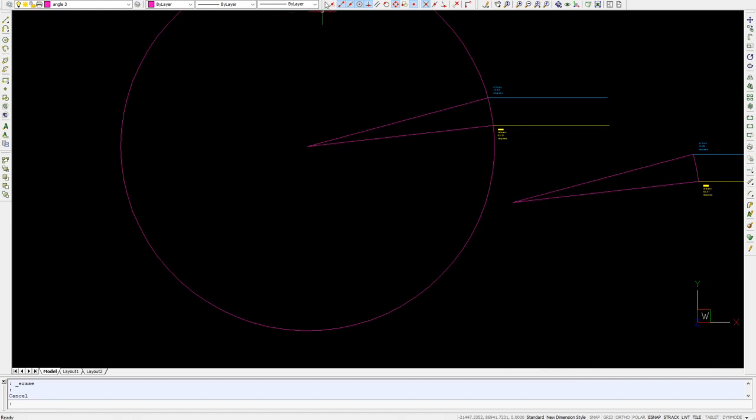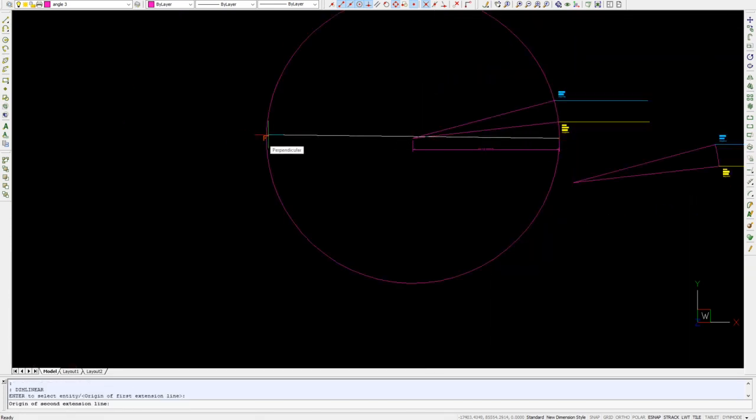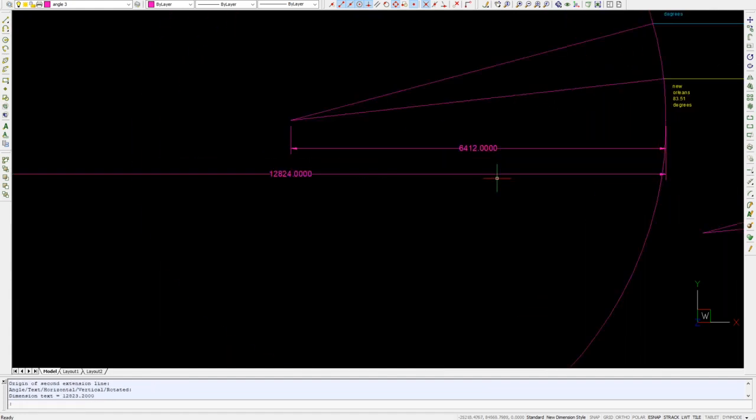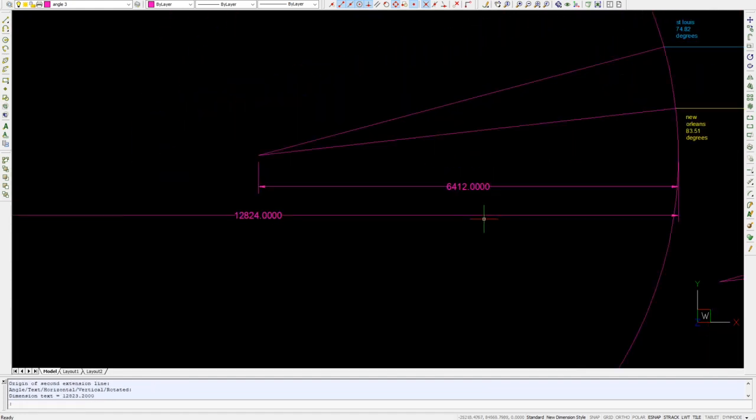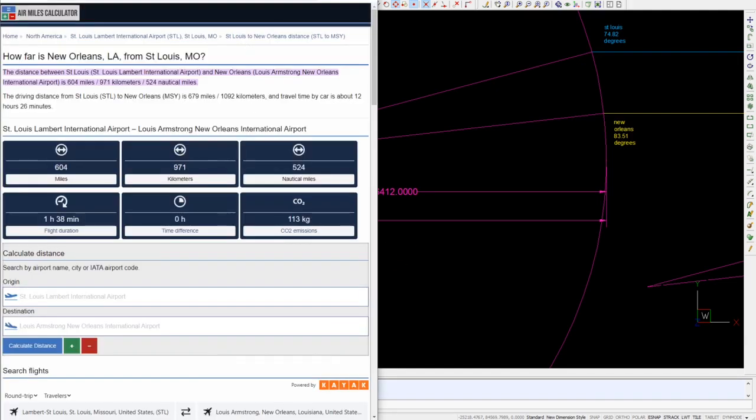So I will find out what the radius is here, and do the diameter and find out what result I got. According to this, if I crunch this to the correct scale, I got a radius of 6,412 kilometers and a diameter of 12,824 kilometers. Let me just double check what the website says.